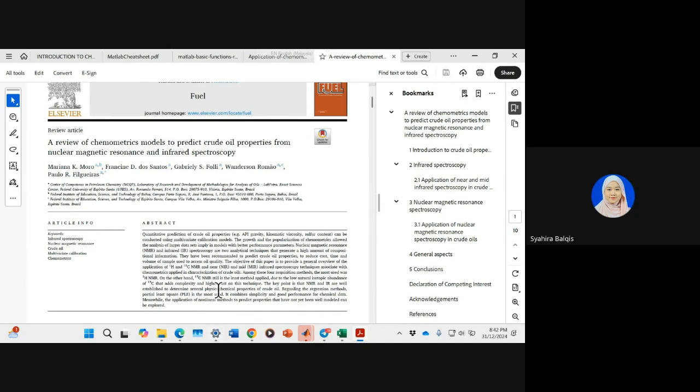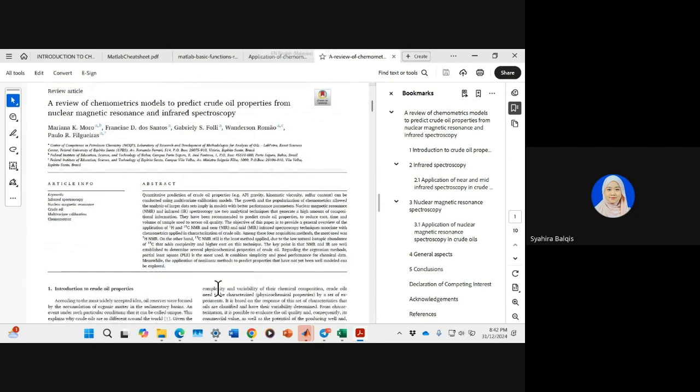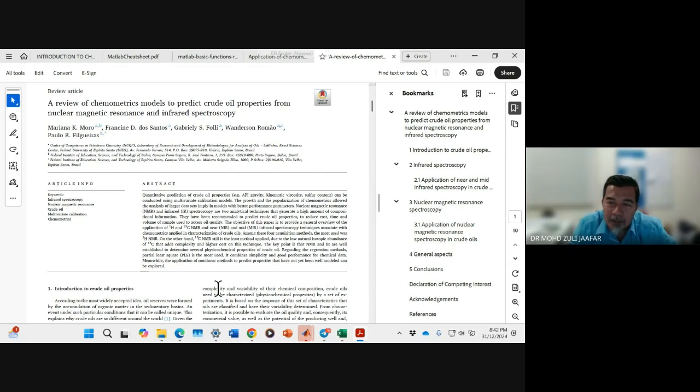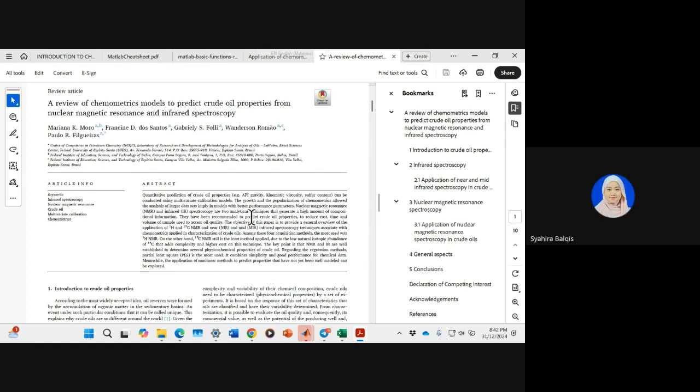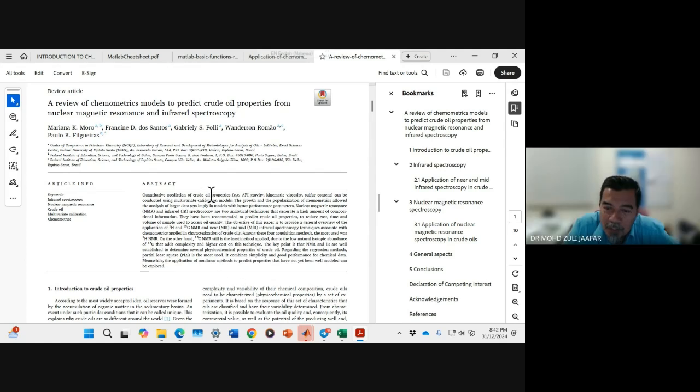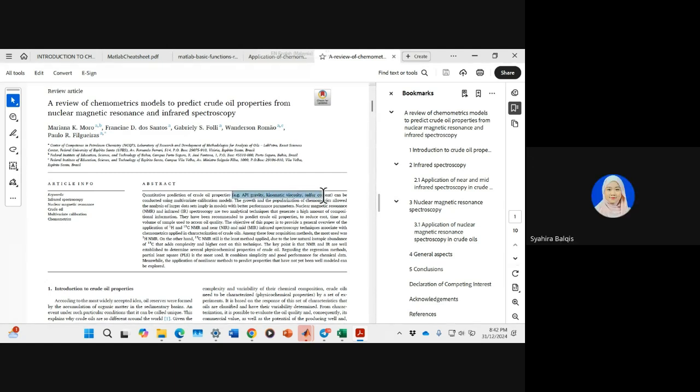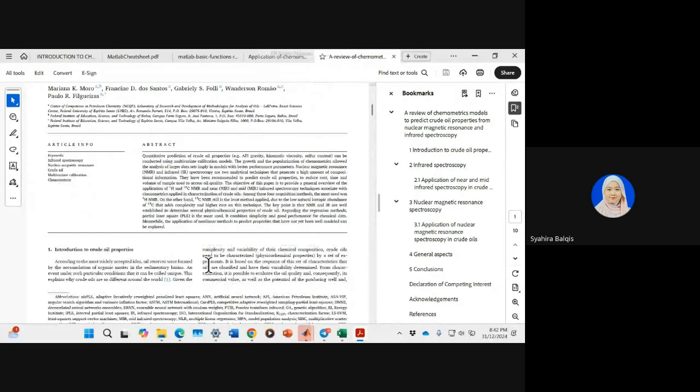But out of this paper, they found out that the PLS giving the most high accuracy while developing the data, the regression. Regression model. Yes, because they want to predict the properties here, isn't it? The properties. Yes, okay, good. And so this paper highlight that the density parameters is the most frequently predicted property, which they achieve the model with a very strong correlation coefficient.